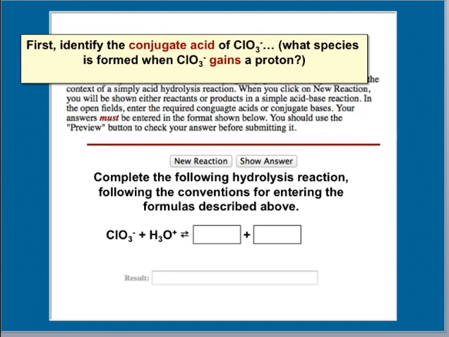If you put a proton on ClO3 minus, you would have its conjugate acid, wouldn't you? So ClO3 minus plus a proton gives us HClO3, chloric acid. When the Bronsted acid donates the proton to the Bronsted base, what's left here? Water.